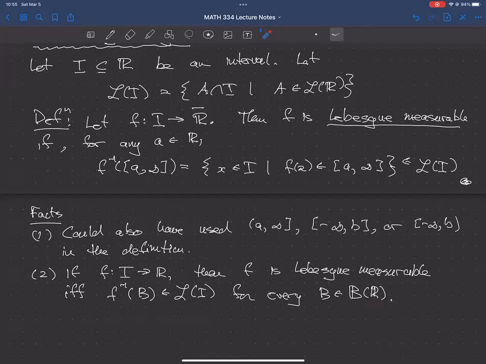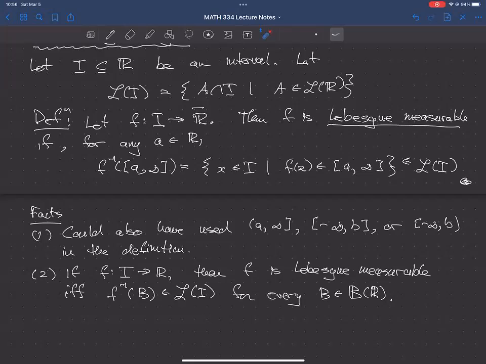By relaxing the need to include plus and minus infinity, I end up with a simpler characterization. The pre-image is taken not over these weird intervals, but over Borel sets. So the pre-image of every Borel set is, sorry, a Lebesgue measurable set.